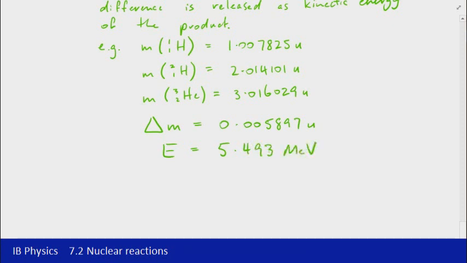So in that one fusion of hydrogen 1 and hydrogen 2, we end up with 5.493 mega electron volts being released. Doesn't seem like all that much, but if you were to combine a whole lot of hydrogen 1 and hydrogen 2, as happens in the sun every day, that amount of energy starts to add up quite quickly and would release quite a large amount of energy.